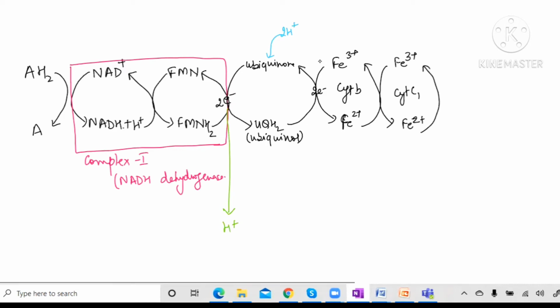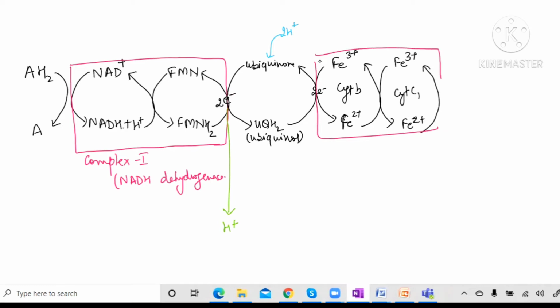When the system gives electrons to them, they are also removing protons to the membrane. So this is your complex 3. Complex 3's name is the cytochrome BC1 complex. Now, up till here the concept is clear.